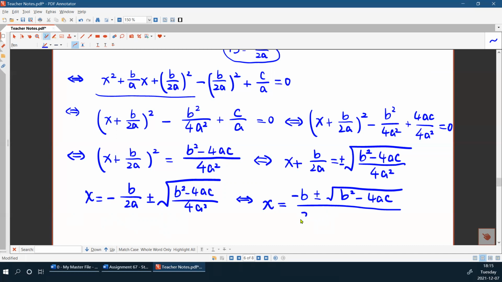And then 2a, positive or negative, the absolute value of 2a. Remember that the square root of 4a squared is the absolute value of 2a, not 2a, not minus 2a, but the absolute value of 2a, right?